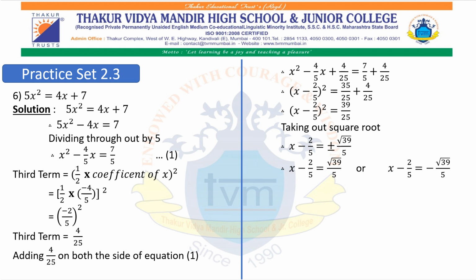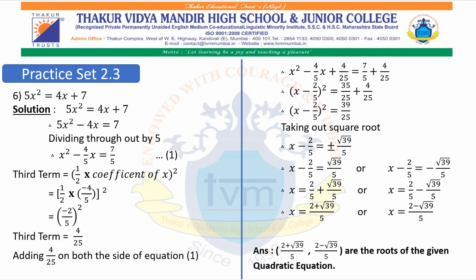From both the equations, minus 2 upon 5 will be shifted to the right hand side and will be written as x equals to 2 upon 5 plus root 39 upon 5, or x equals to 2 upon 5 minus root 39 upon 5. In both the equations, denominators are same, which will be written as 2 plus root 39 upon 5, or x equals to 2 minus root 39 upon 5. Therefore our final answer will become 2 plus root 39 upon 5 or 2 minus root 39 upon 5 are the roots of the given quadratic equation.